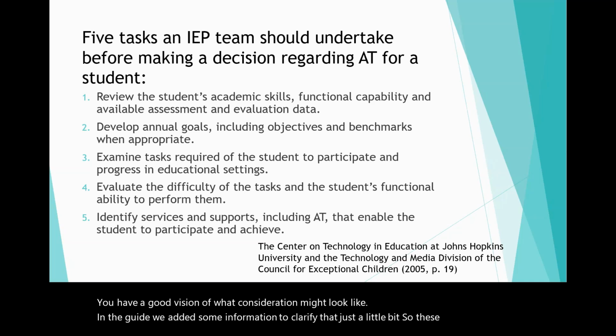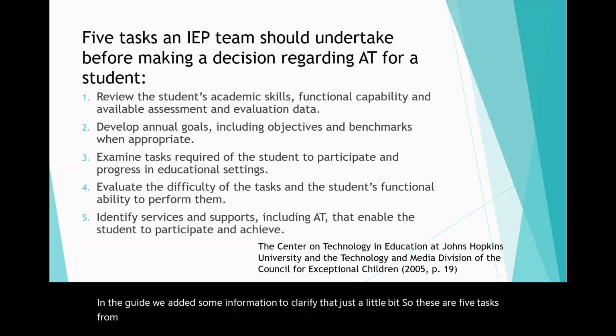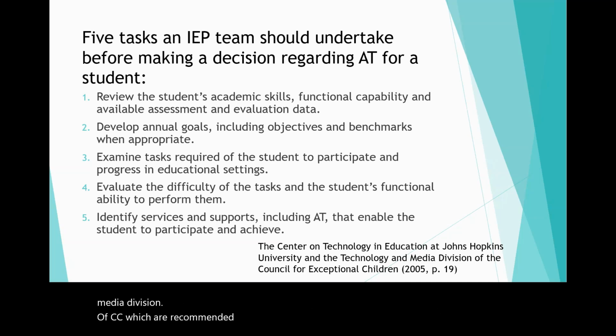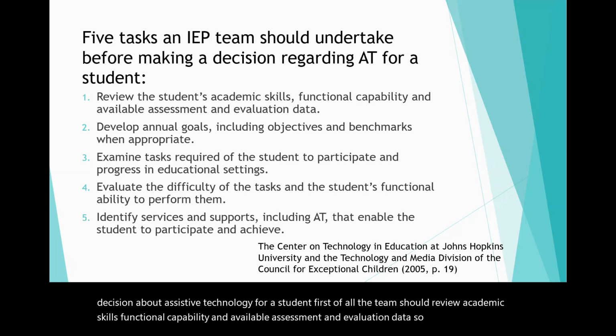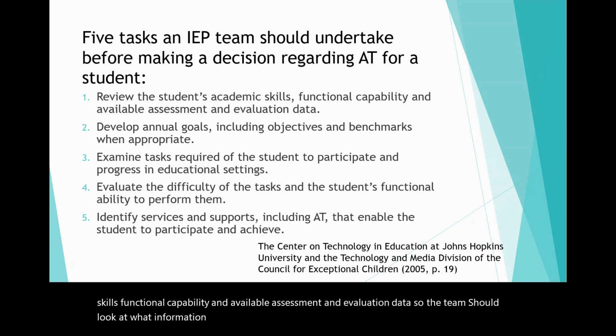So these are 5 tasks from the Center on Technology and Education at Johns Hopkins University and the Technology and Media Division of CEC, which are recommended as activities that the team should undertake before making a decision about assistive technology for a student. First of all, the team should review academic skills, functional capability, and available assessment and evaluation data. So the team should look at what information you already have.